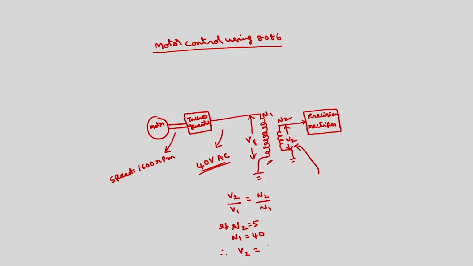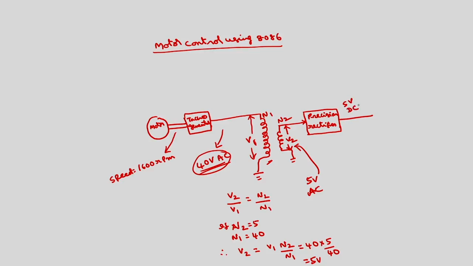V2 is equal to V1 into N2 by N1, which is equal to 40 into 5 by 40. So, you will get 5 volts. Here we will get 5 volt AC. To convert it to DC we will use a precision rectifier.